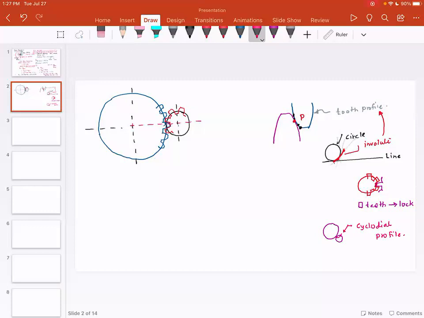So in that case, you have something like gear, and then you have a rack. And this rack is actually a flat gear that actually takes the rotary motion of the pinion.